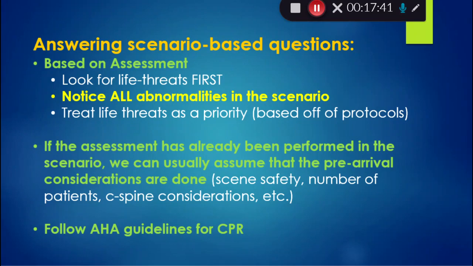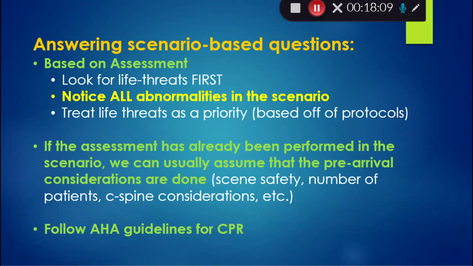Now we're at the point that we're assessing the patient, and we'll go from that point on. Okay, I've seen a lot of students be like, well, this is going on, but I need to consider C-spine. Well, if you've got a medical patient or a trauma patient that's been assessed already, then we're going from that point forward. Okay, and then follow the AHA guidelines for CPR.